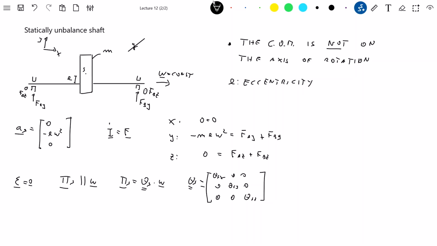Because of these zeros, we have that pi_S is parallel to omega, okay? Because omega is like omega_x 0 0.